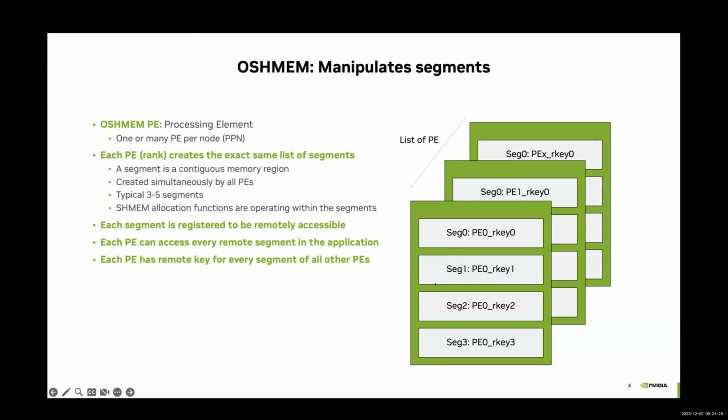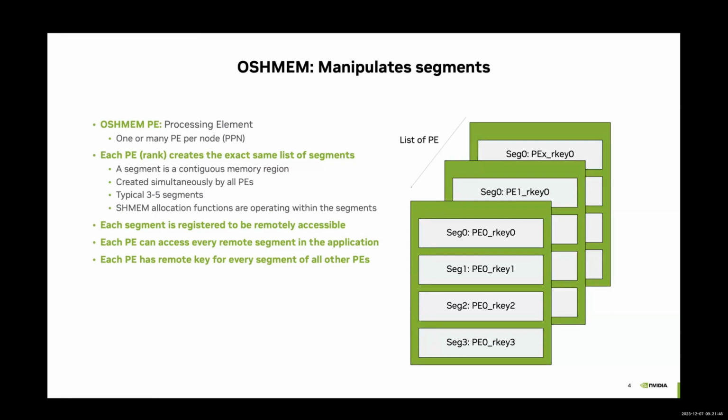In this example, we have 3 segments that comprise the symmetric memory. A segment is a virtually contiguous memory region. It is created simultaneously by all PEs, and typically we are talking about 3 to 5 segments in the application.